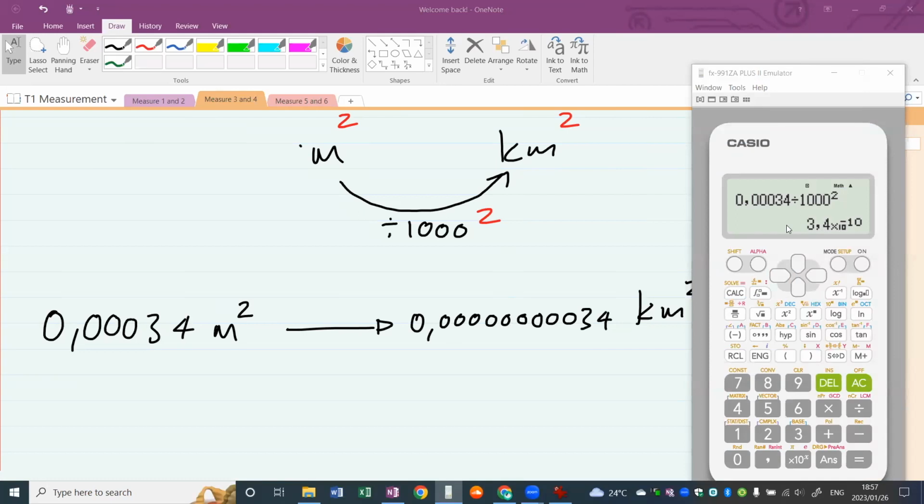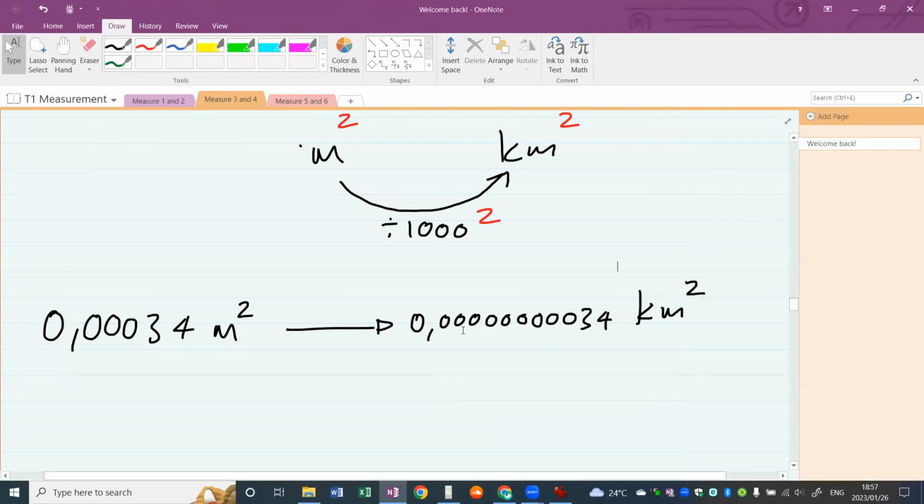The calculator is saying we don't have enough zeros, so it shows scientific notation. It's just a fancy way to show too many zeros for the screen. It's 3.4 with 10 zeros in front, so it's 3.4 times 10 to the minus 10, a very, very small number.